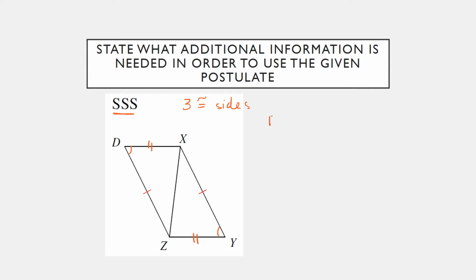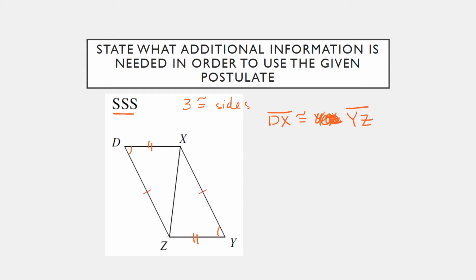So if I write DX first, since D is the angle congruent to Y, I have to write it as YX. Oh, YZ, excuse me. YZ. I'll scribble that out. It's supposed to be YZ.